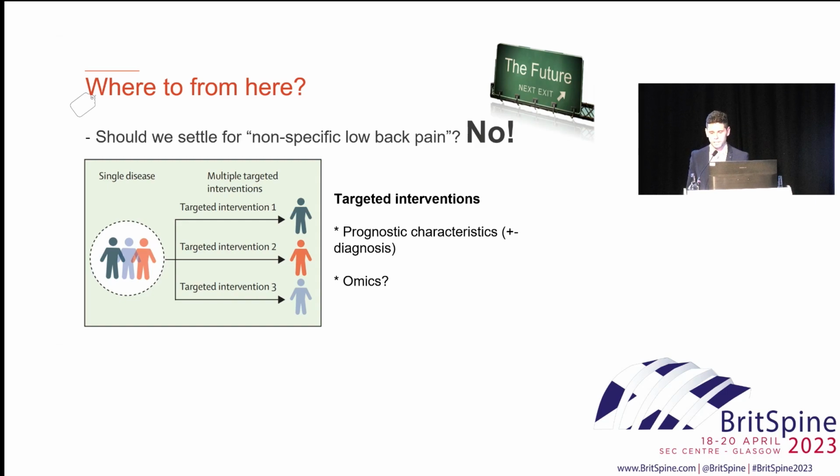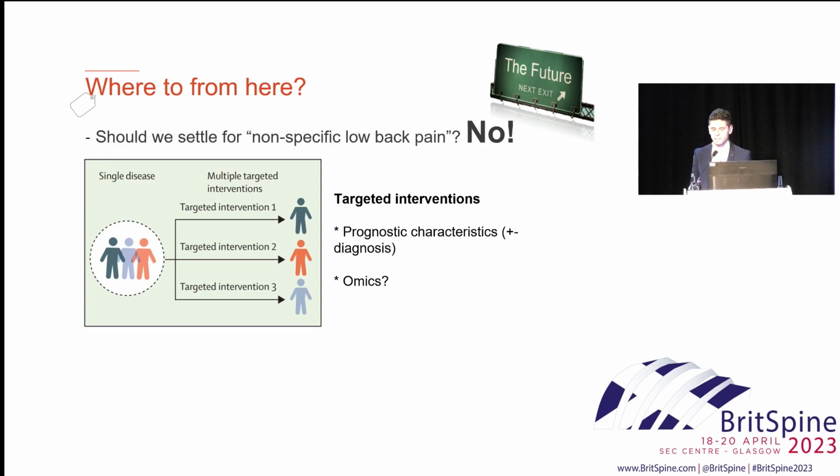I think my optimistic view of the future is that at some point in our lives, hopefully, we'll be able to identify people who respond better, and we'll be able to match and target interventions to certain groups of people. That can be based upon prognostic characteristics, as we saw yesterday, and we might hear a little bit more about it tomorrow, plus or minus diagnosis.